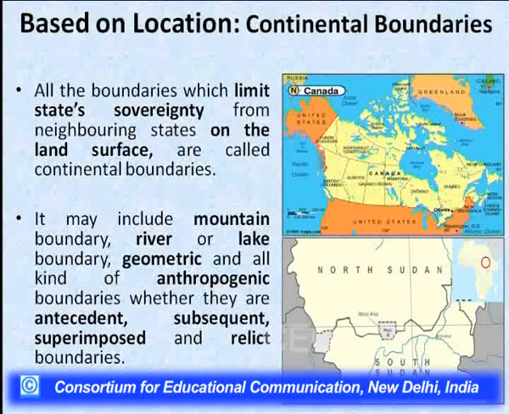The continental boundaries may be either geometrical or anthropological boundaries, or they may be relic boundaries, superimposed boundaries, subsequent and consequent boundaries, or antecedent boundaries. All these boundaries generally found on the surface of the earth are called continental boundaries.